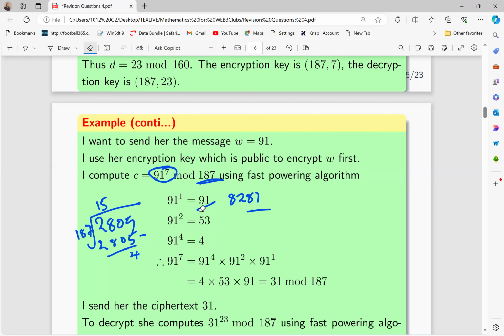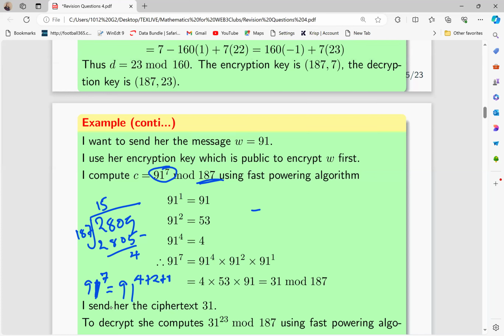Now, from what we have, we can get to know what 91 raised to 7 is. Using the laws of indices, 91 raised to 7 is the same as 91 raised to 4 plus 2 plus 1, because 4 plus 2 plus 1 gives us 7.